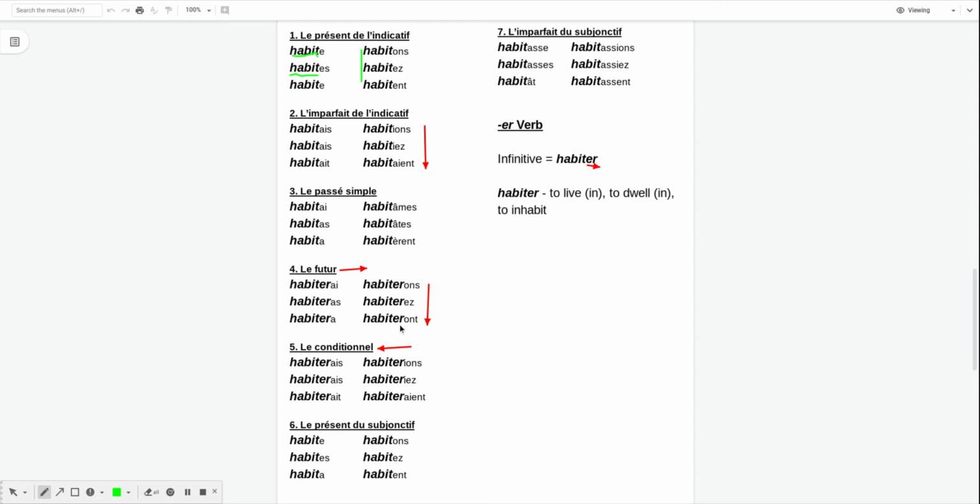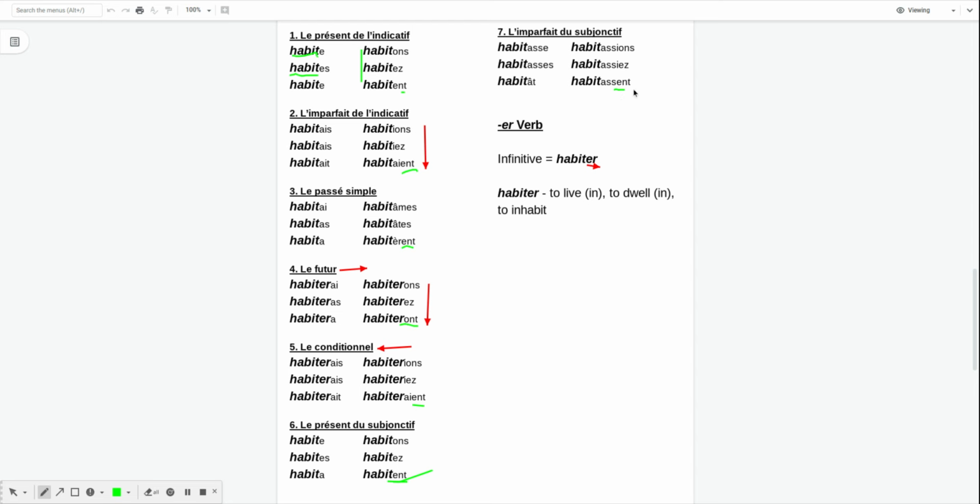For example, the future tense, le futur, is the only one that uses an ONT ending. The rest are going to use an ENT ending. You can see that in every one of these tenses except le futur, it's ENT for that third person plural, no matter what the tense is that you're looking at.